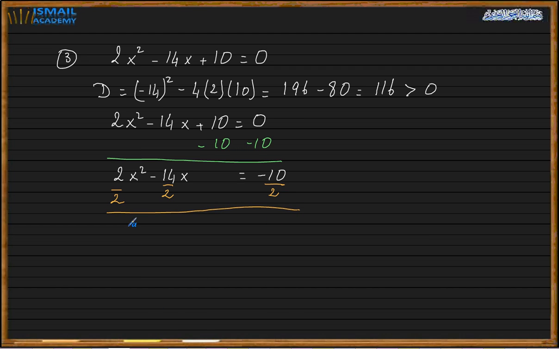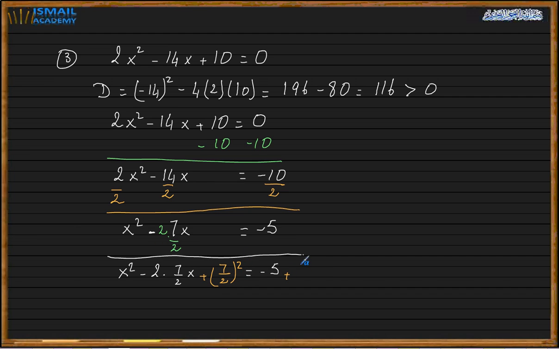So we'll end up having x squared minus 7x equal minus 5. Now you see here I divide by 2, I multiply by 2. So we will end up having x squared minus 2 times 7 over 2 x equal minus 5. Now what I do next, I add a squared both sides, so 7 over 2 squared.